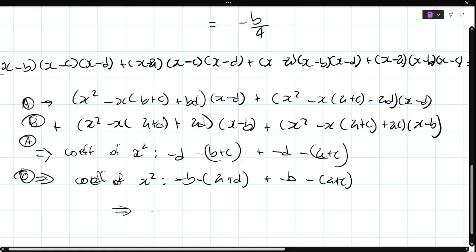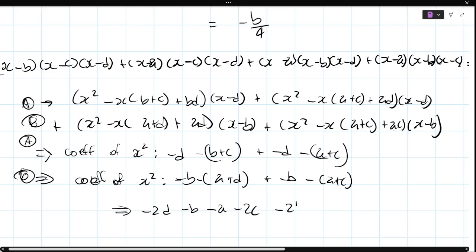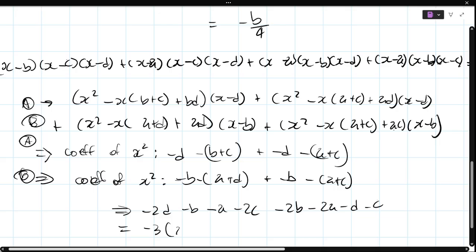I'm going to be left with minus 2d, minus b, minus a, minus 2c, minus 2b, minus 2a, minus d, and minus c, which brings me to a total of minus 3 times a plus b plus c plus d.